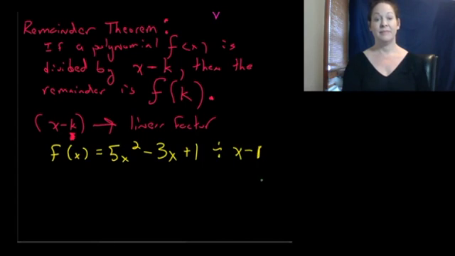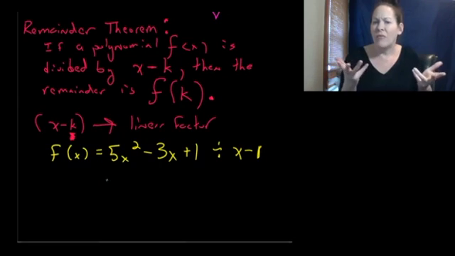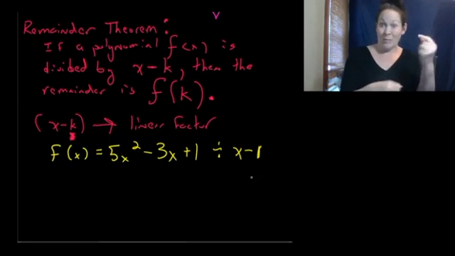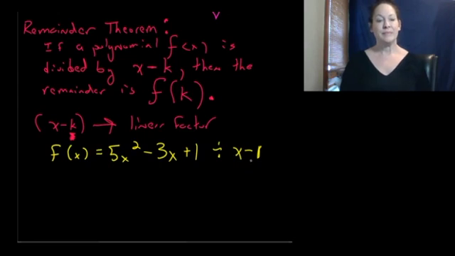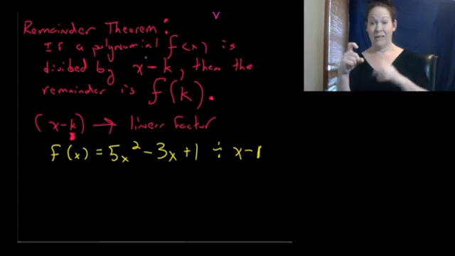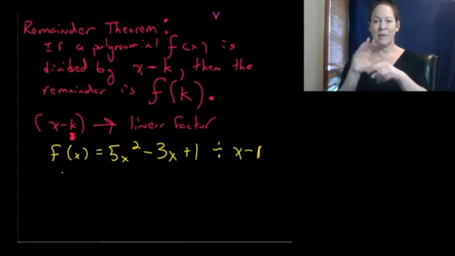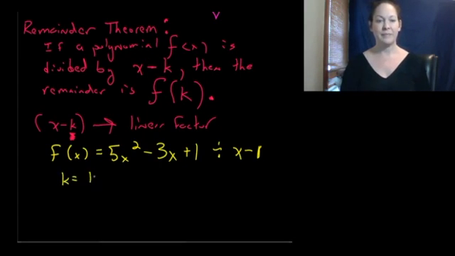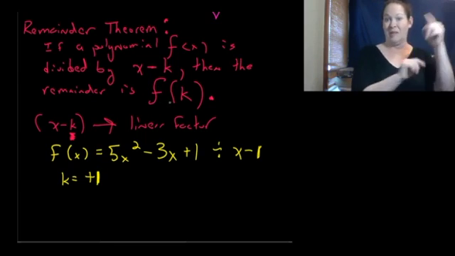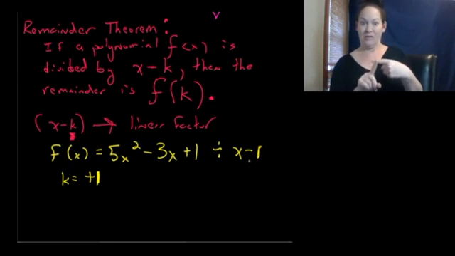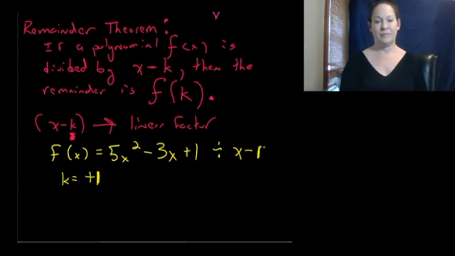But all I want right now is the remainder, so I'm going to use the remainder theorem. I look, hey, this is to the first power, and so my k is positive 1. Notice the sign here. In this form, k is equal to positive 1. Please note, it's negative in my theorem. So the number I'm pulling out is the 1.